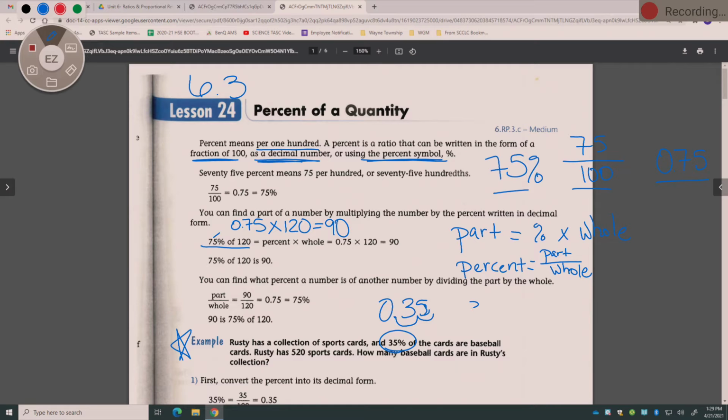So 35% equals 0.35. You always start where the percent sign was, go 2 spaces to the left, and add your decimal. So 35% is 0.35.